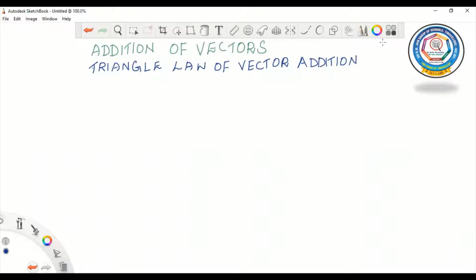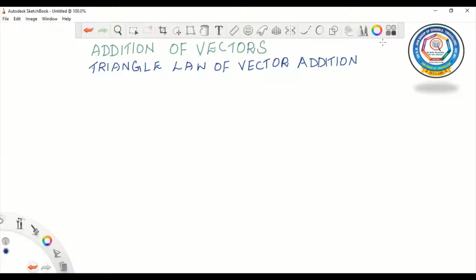One is the triangle law of vector addition, which is used to add two vectors, and we have the parallelogram law of vector addition, again for adding two vectors, and we have the polygon law of vector addition for adding more than two vectors. Today we are going to discuss the triangle law of vector addition.